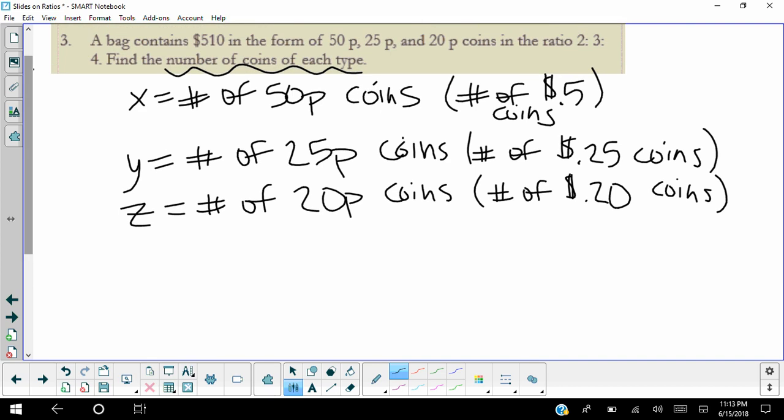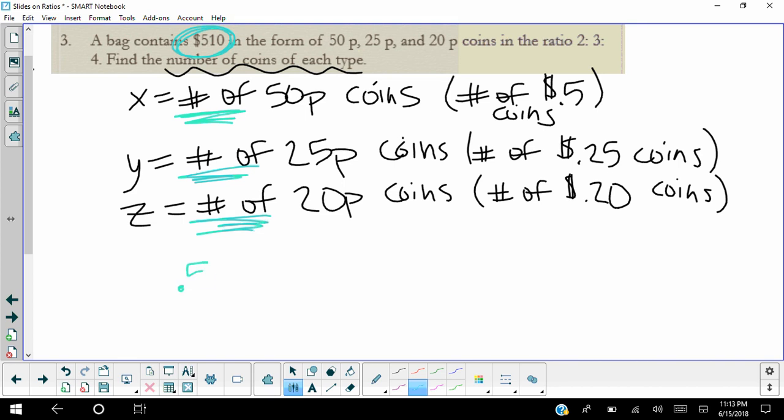Okay. So, I'm going to get to the ratio part in a minute, but I think just understanding the money piece. If I know that the total amount of money is $510, being very clear how you define your variables, this X and Y and Z is the number of. If I want to turn the number of into the amount of money, then I would take the number of 50-cent coins times 50 cents.